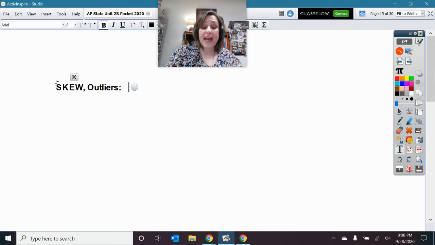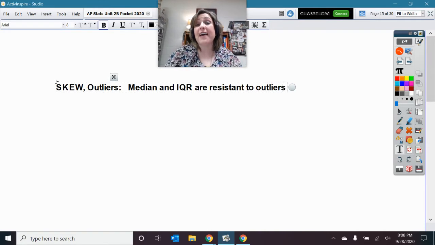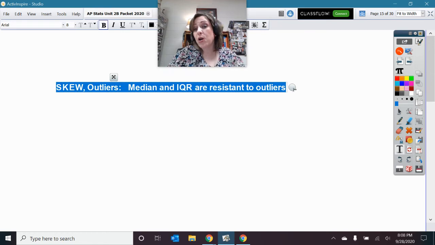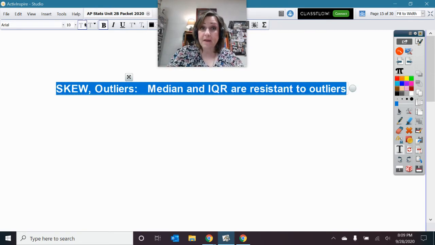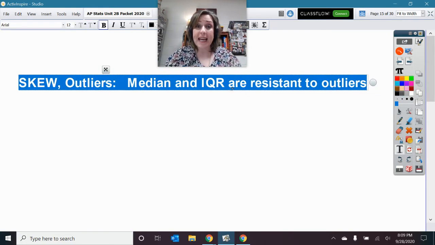We found that median and IQR are resistant to outliers, so they are not really affected by outliers. Therefore, if you have skew or outliers, a better choice of measures to use are median and IQR.